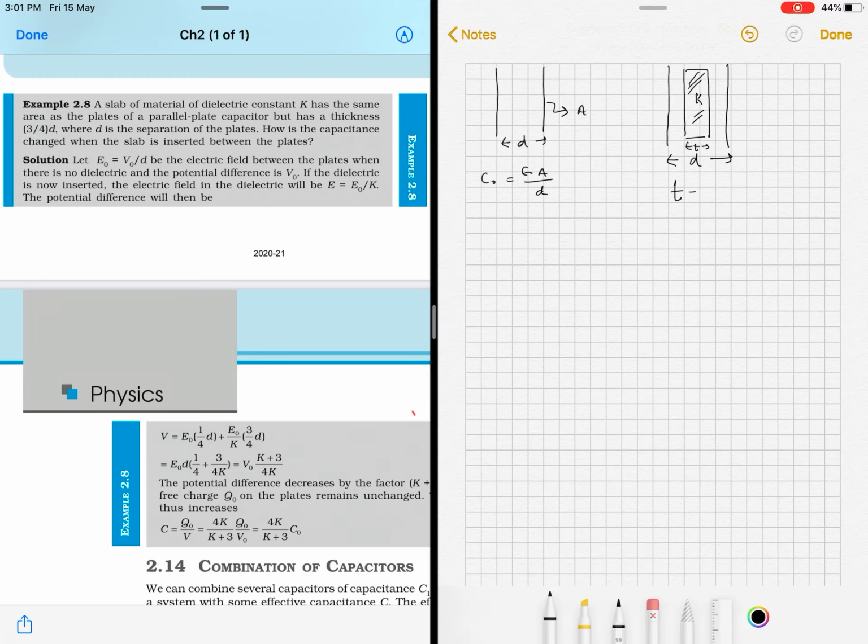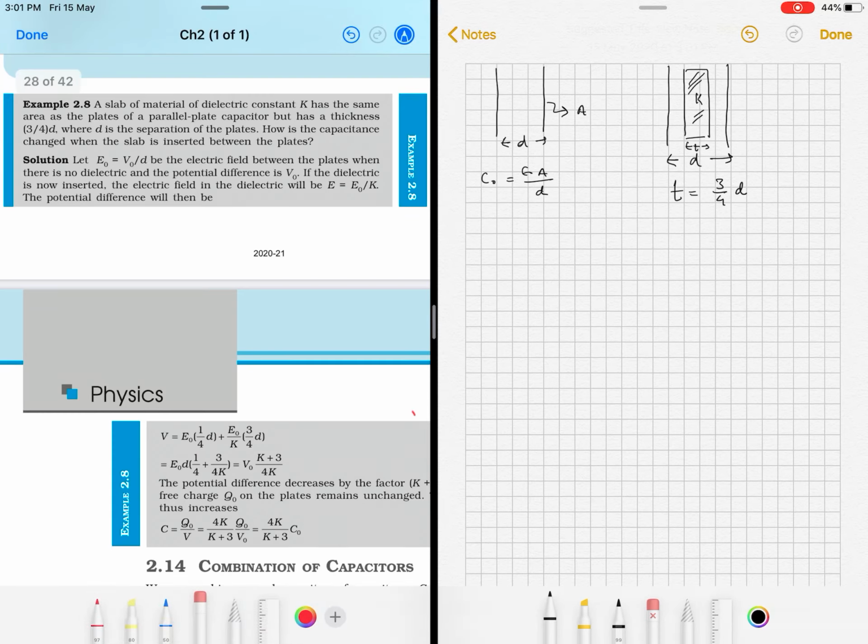Here t is given, t is 3 upon 4 D. So we have to find how the capacitance changes. For this, the formula is C is equal to epsilon naught A upon D minus t plus t upon K. This is the formula for capacitance when a dielectric is placed.